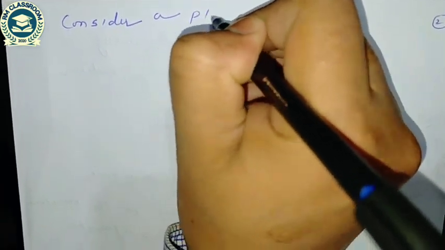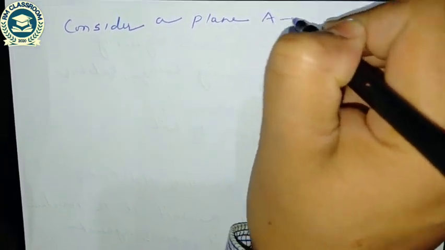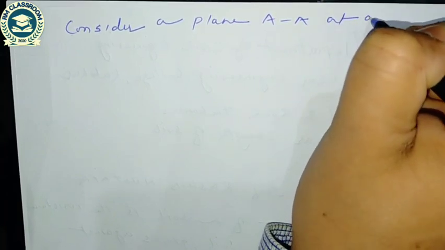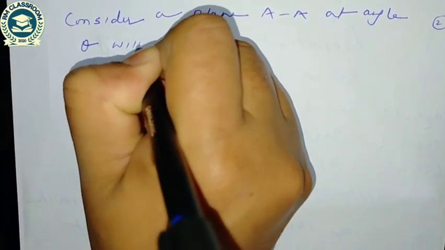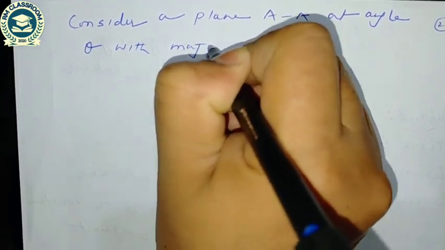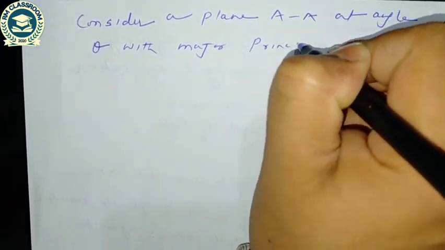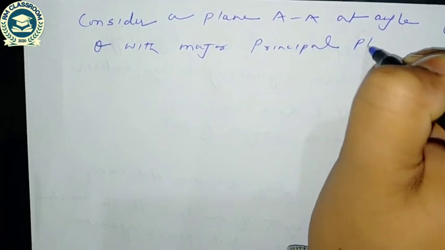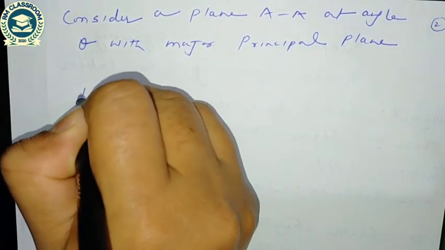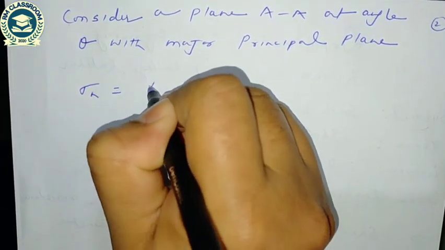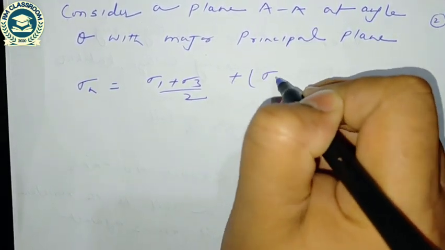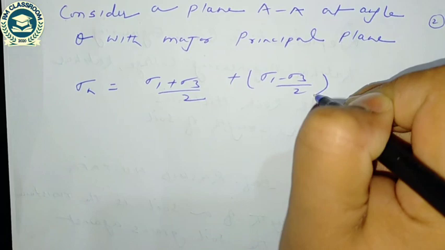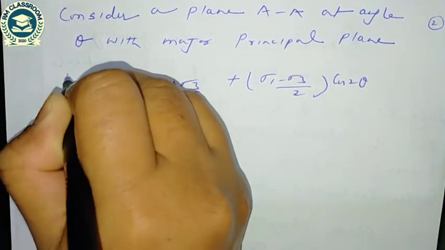Consider a plane AA at angle theta with the major principal plane. The normal stress can be computed as (sigma 1 plus sigma 3)/2 plus (sigma 1 minus sigma 3)/2 into cos 2 theta.